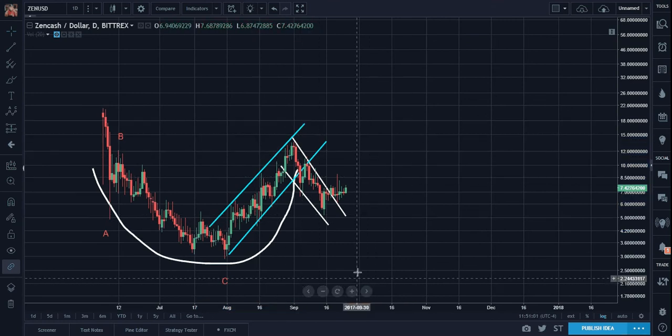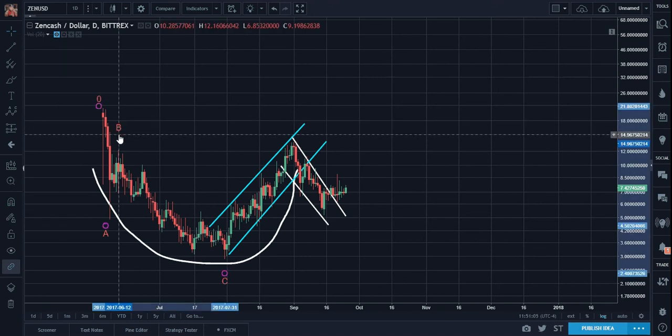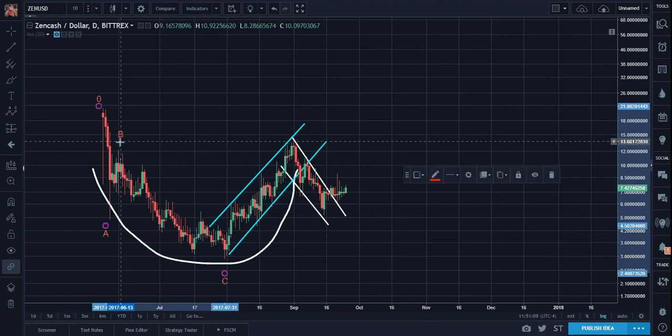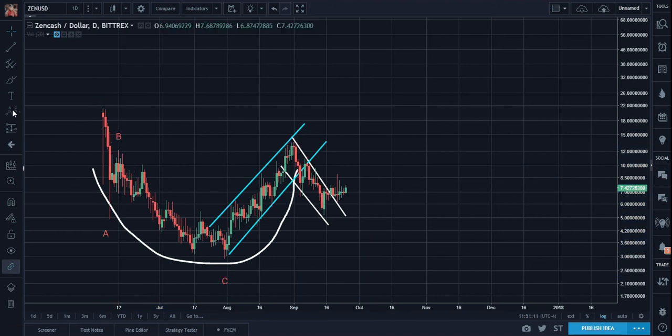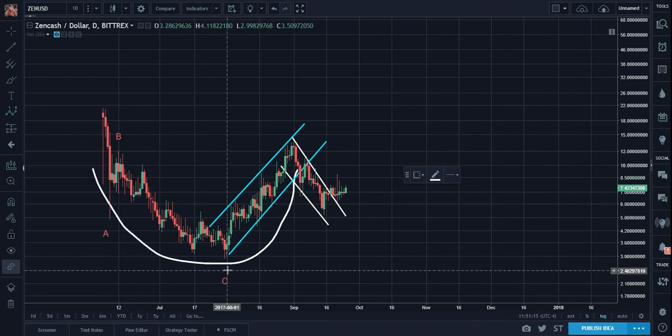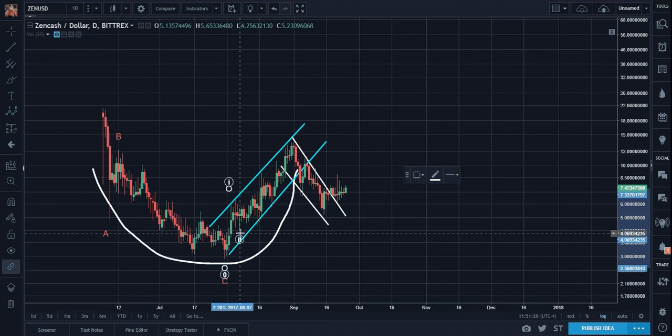So let's label this. Okay, keep that as a minus degree. One, two. If I do 3, 4, how will that be okay?